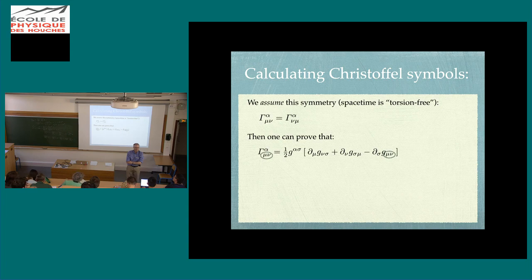It turns out that a lot of manifolds that you would think of as being curved manifolds, particularly manifolds that you can embed in a larger dimensional Euclidean space, are going to obey this.